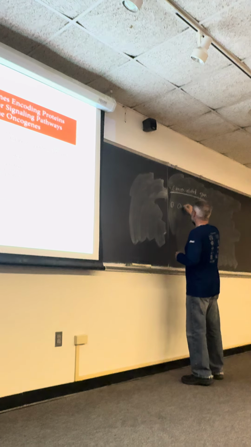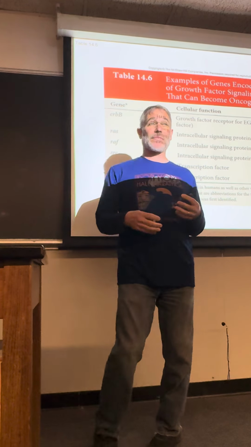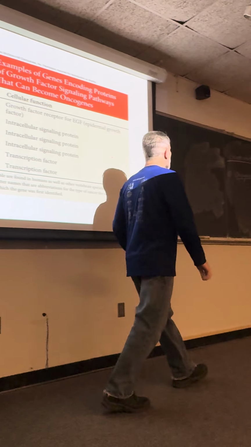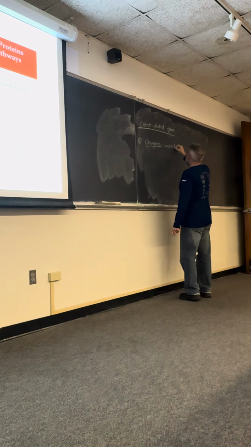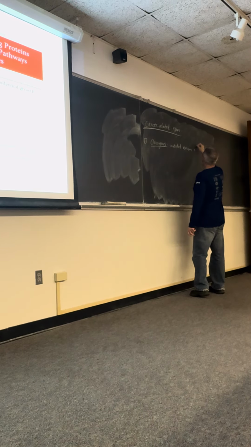Okay, and in our chart it says examples of genes of growth factor pathways that can become oncogenes. So that implies that oncogenes are not the normal scenario, which is true. And so an oncogene, the way we can define it, is that these are mutated versions of proto-oncogenes.